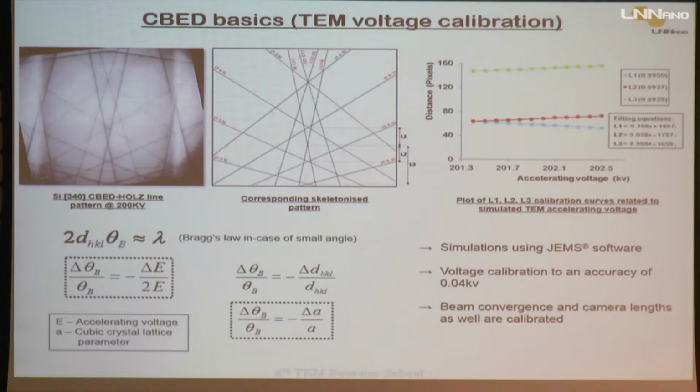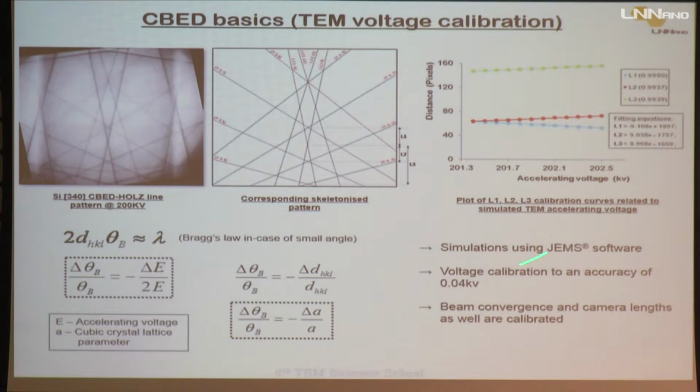So the best way is to go onto the strain-free region of your silicon substrate and get a pattern like this. Then, in modeling software like GEM, simulate for different accelerating voltages, starting from 199 or 200, 201, 202, and measure the distances between the intersections to see how the distances vary over the range.